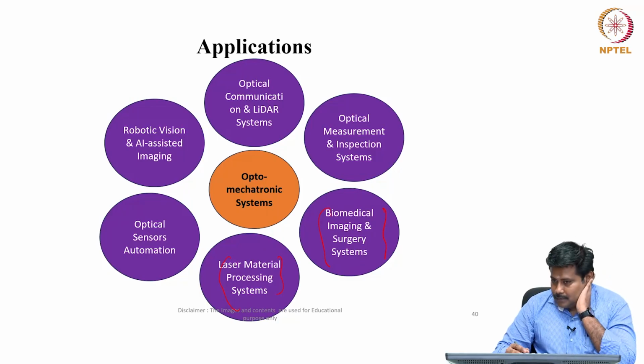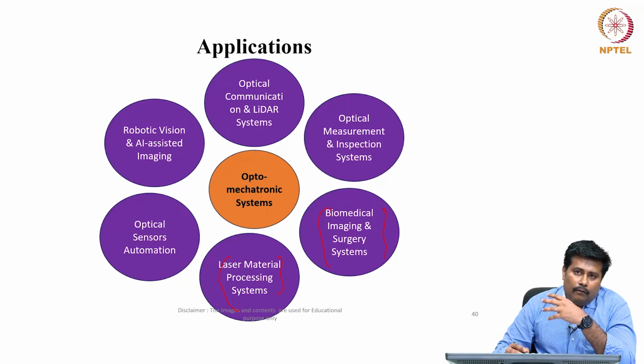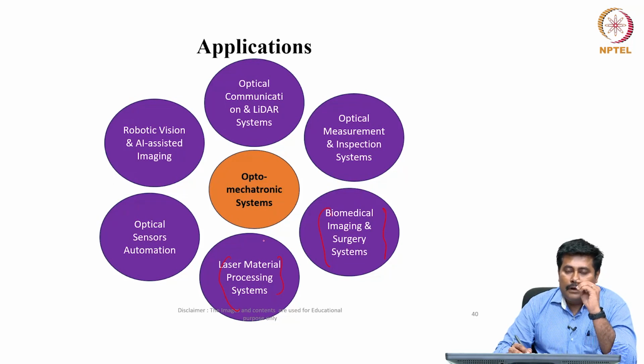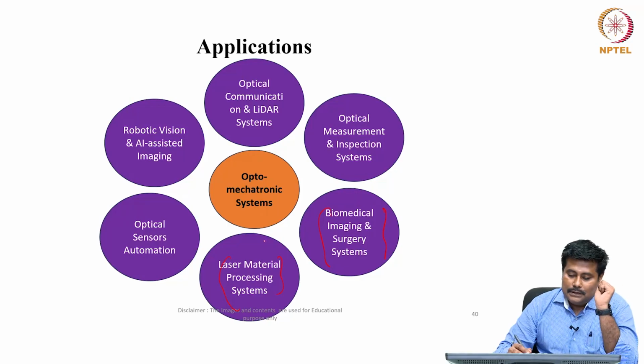In the case of laser based microfabrication, for laser based patterning or laser based micro 3D printing, for establishing the complete manipulation unit, such an optomechatronic system plays a vital role. Then we have optical sensor automation, which is used for manipulation, actuation and sensing.